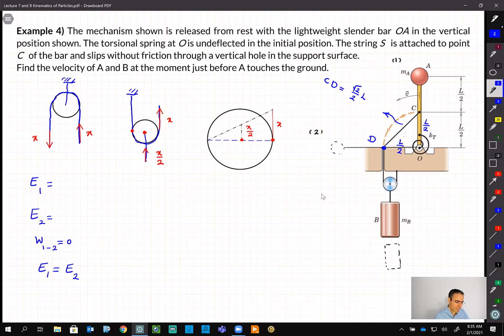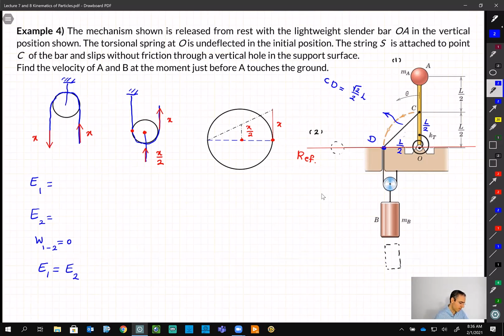Whenever you use the energy method, don't forget you need to set a reference. It can be anywhere, it's up to you. I prefer to put my reference here, and this is basically for potential energy. Now I compare everything with this line reference. How much energy do I have at point A?